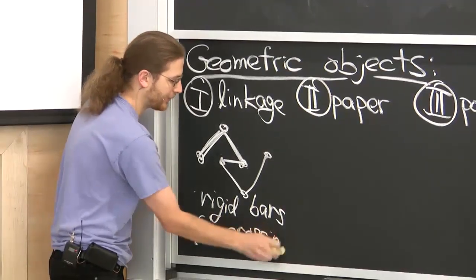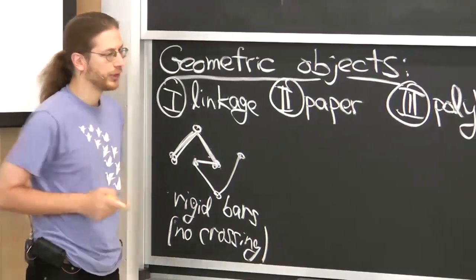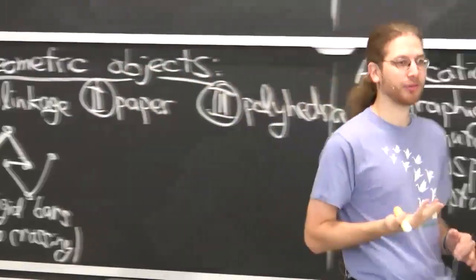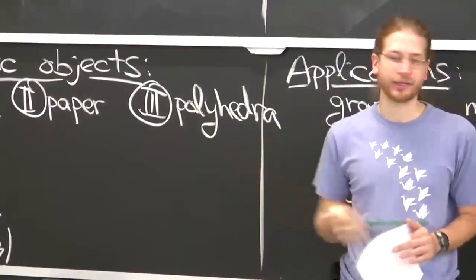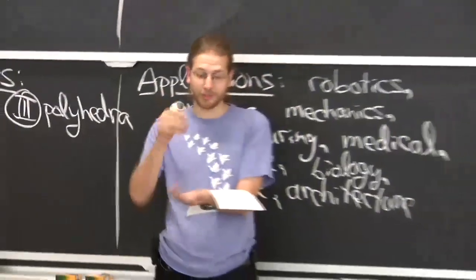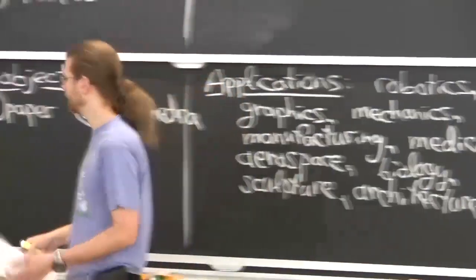So I'm trying to take a physical thing you have intuition for and write some of the mathematical constraints. No crossing means you can't intersect yourself. Sometimes that's important, sometimes it's not. In a lot of the mechanical linkage world, you can have crossing bars, but just because they're in different planes in real life, if you're making a two-dimensional linkage.